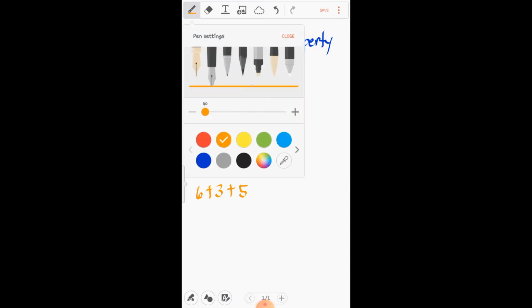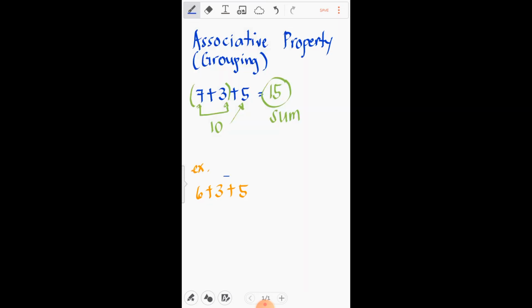Say for example, I am going to group 3 plus 5 first because I like 3 plus 5. It's fine. So let's add this one first. What's 3 plus 5? This gives us 8. Okay, very good. 8.